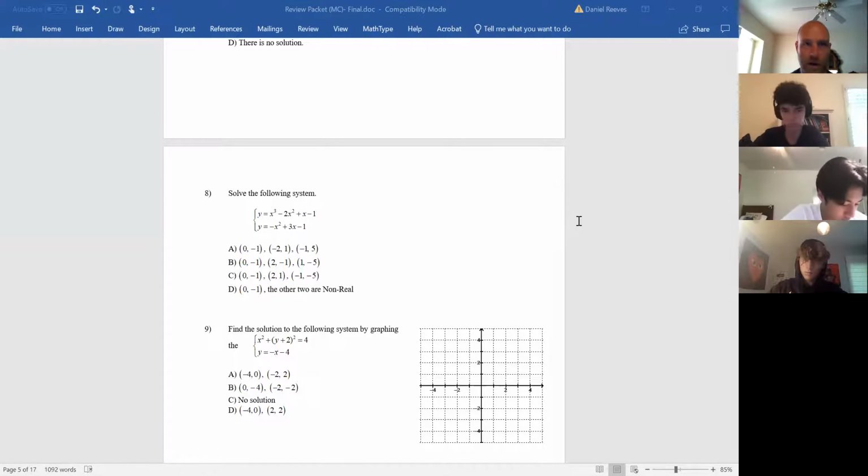That x squared plus the quantity y plus 2 squared equals 4. What is that? A circle. It is a circle, and a circle is one of our conic sections. So I'm going to write down conic sections.